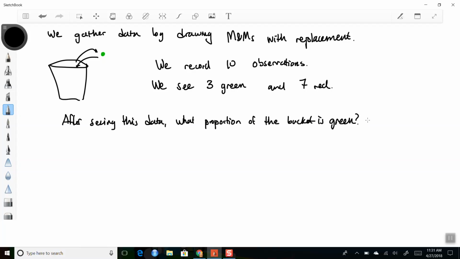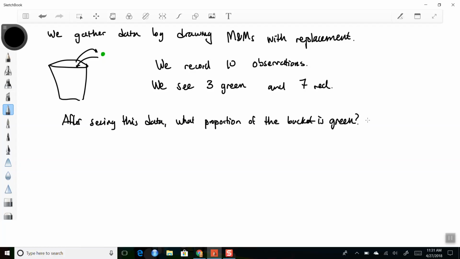Okay. Do you think 40% is possible? 40% also sounds pretty likely. What about 20% green? That also sounds likely. What about, could the bucket be 60% green? It could be, but it doesn't sound to be as likely as, say, 30 or 40% green, right?